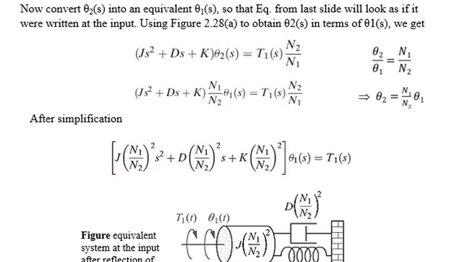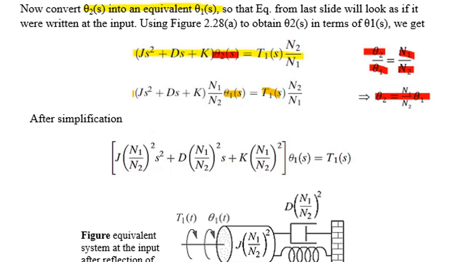Students, now we will find the output angular displacement theta 2 of s in terms of input angular displacement theta 1 of s. In the equation of the previous slide, we will replace theta 2 of s with the help of the relation that theta 2 over theta 1 is equal to N1 over N2. Replacing this in the equation, we get our desired equation in terms of input angular displacement theta 1 of s and input applied torque T1 of s.